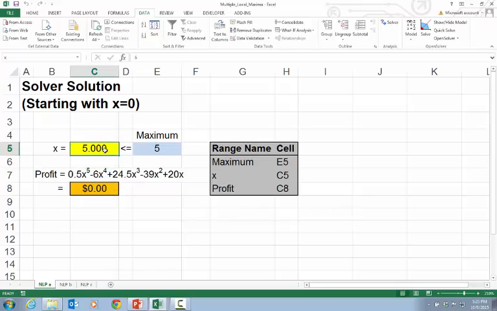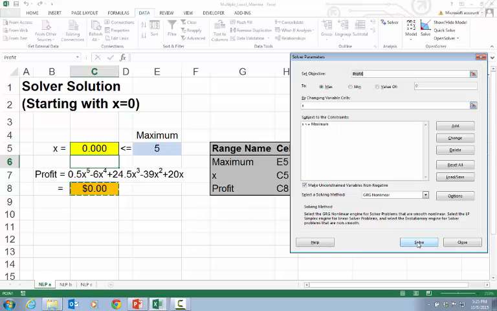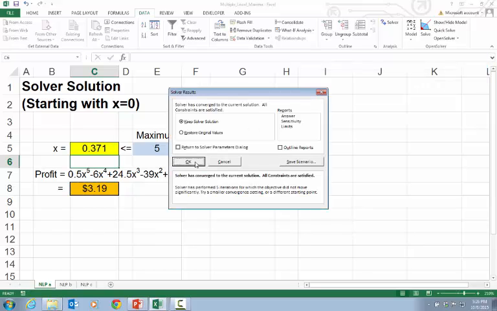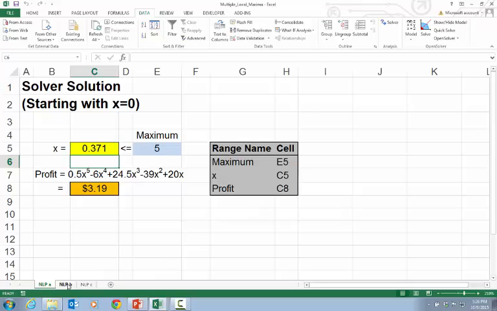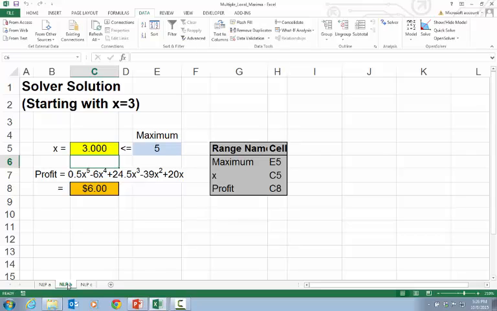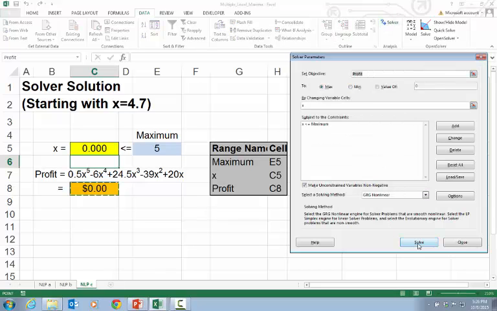So again, we started at 0, and when we ran Solver, it came out to one value. When we started with a different value of 3, it came out with a different optimal solution and a different objective. And if we started at, say, 4.7, I started at 5 earlier, I'll start at 4.7.